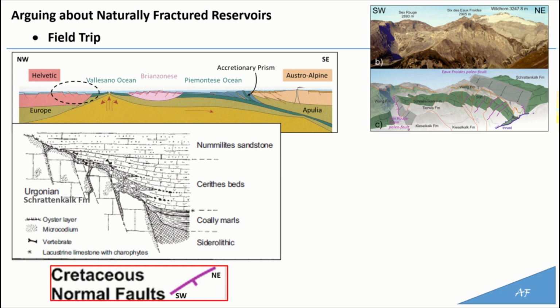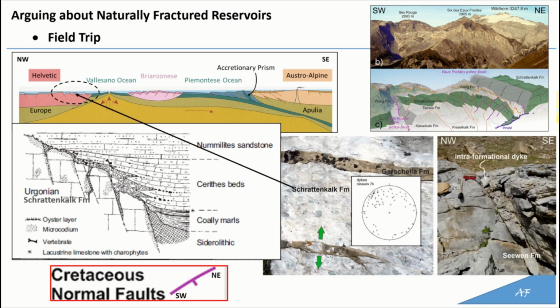The Wildhorn nappe in fact includes a Cretaceous succession bearing clear evidence of this sedimentary northeast-southwest striking normal faulting.